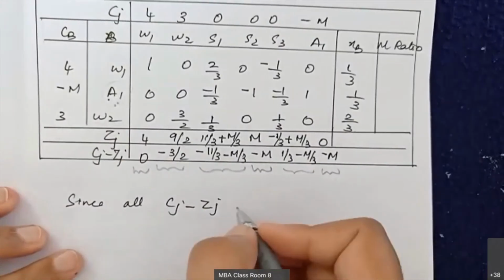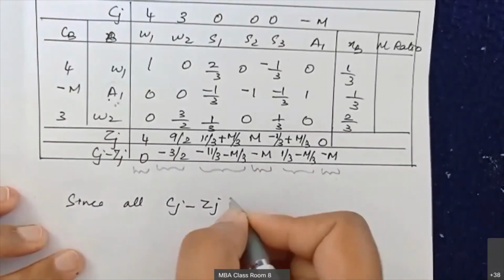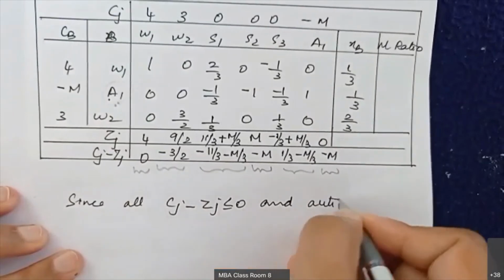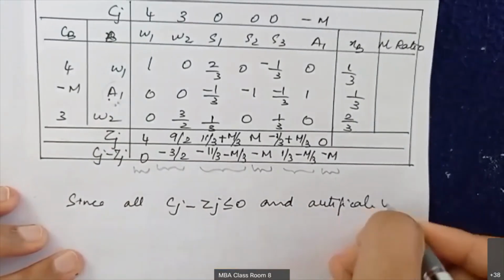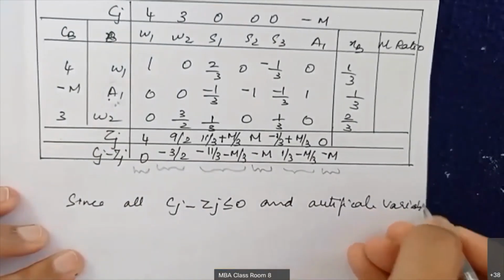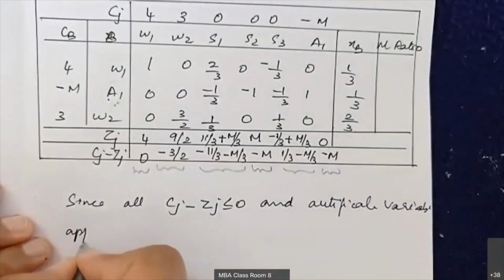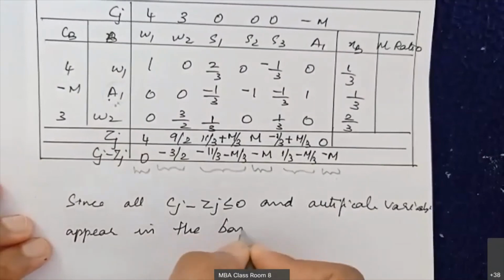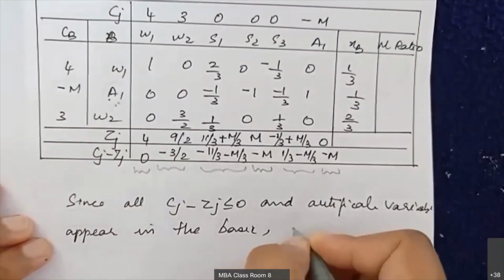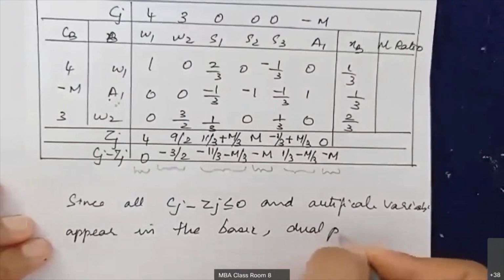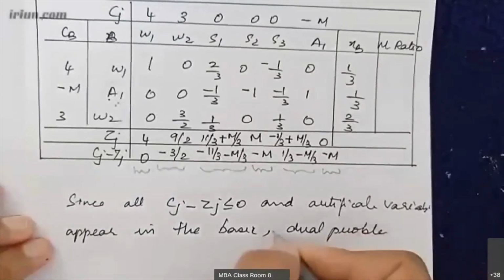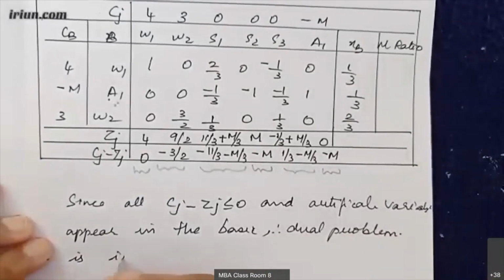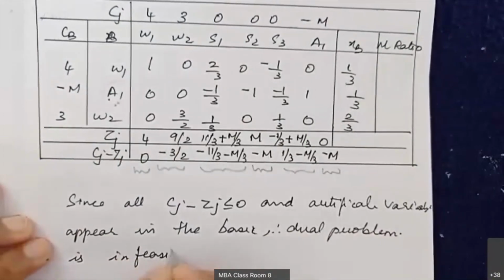Since all Cj minus Zj values are less than or equal to 0 and artificial variables appear in the basic, therefore our dual problem is infeasible.